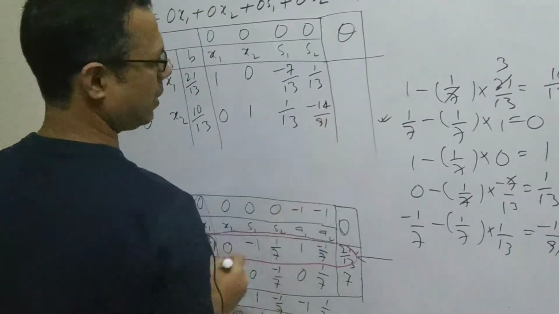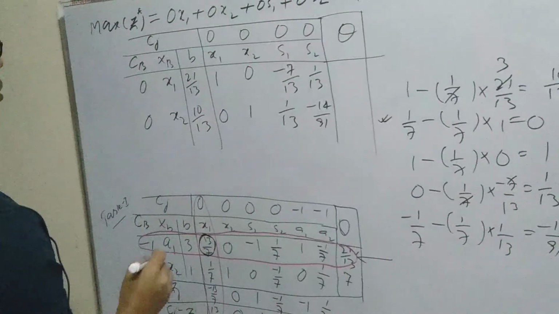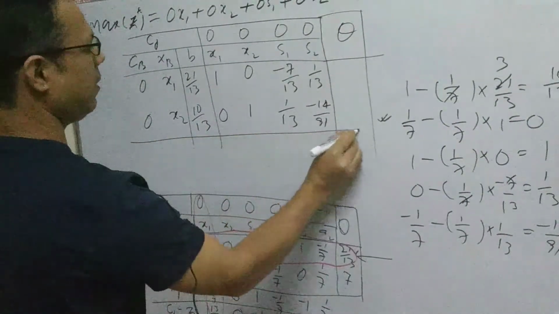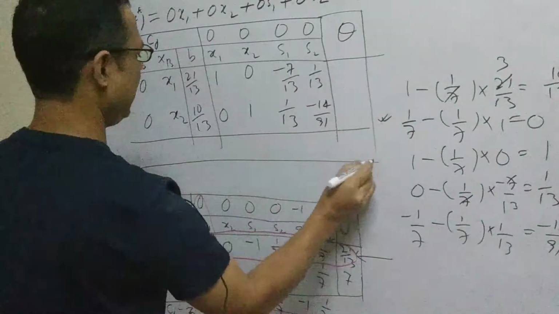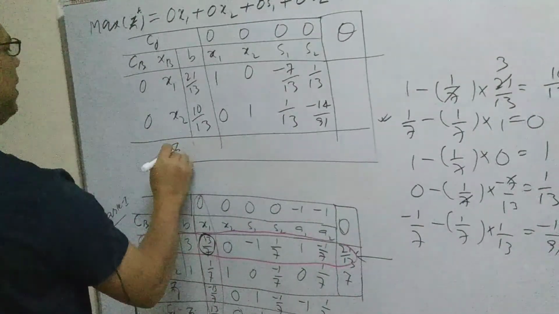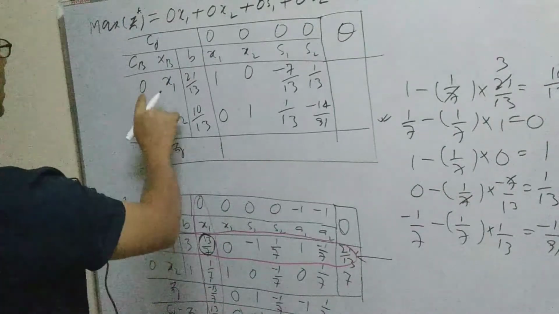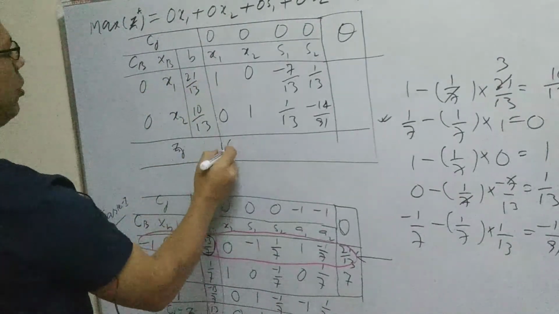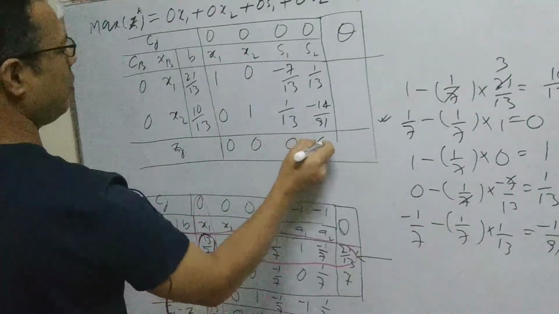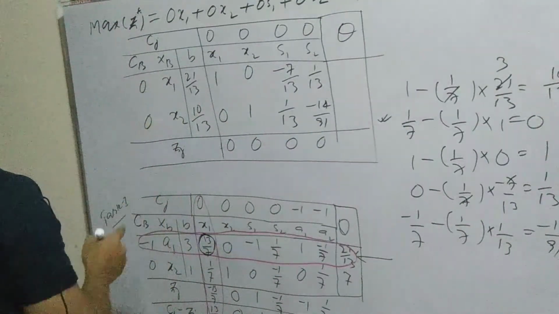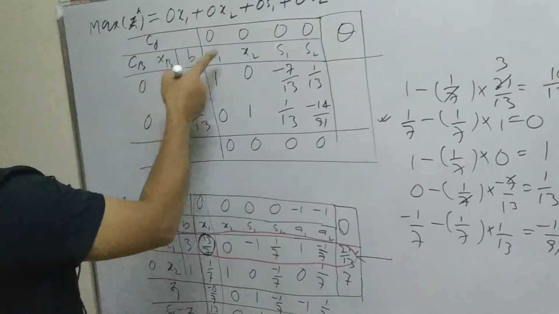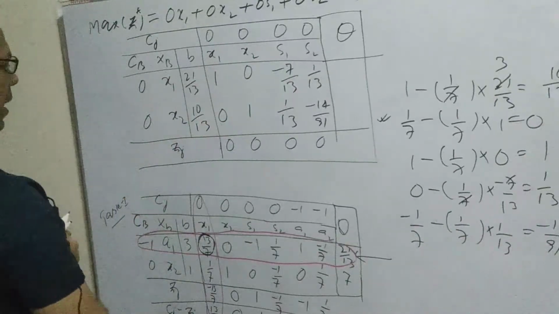Now we have got this value. Now for Zj we need to move to Zj. Simply the same procedure, nothing new, we have done this procedure many times. Zj: 0 into 0, 0 into 0. Zj will be 0 all the time because we have these two values 0, and if you multiply 0 with any value, the result is 0.